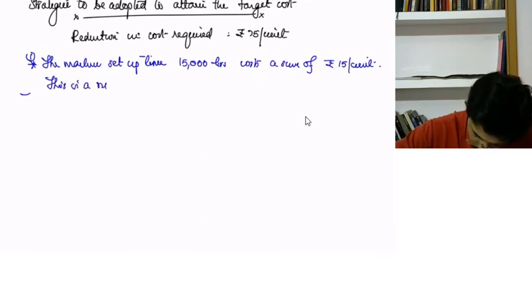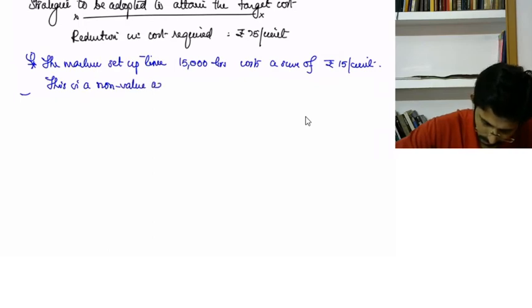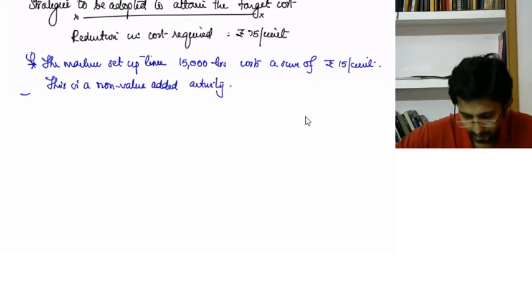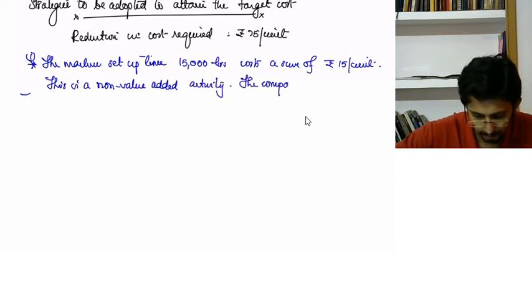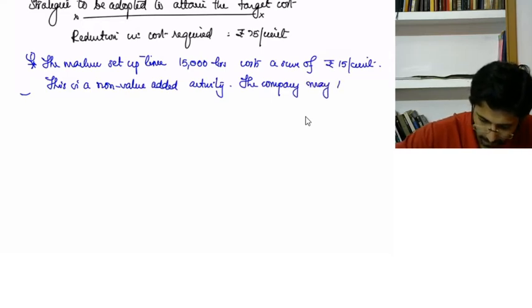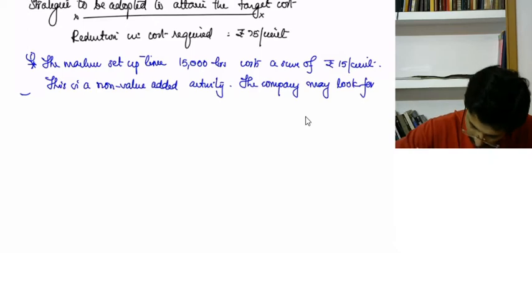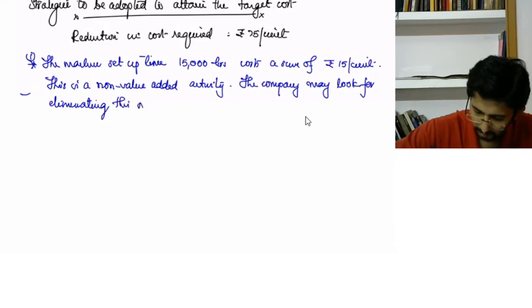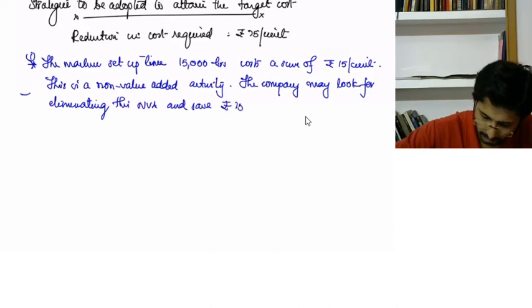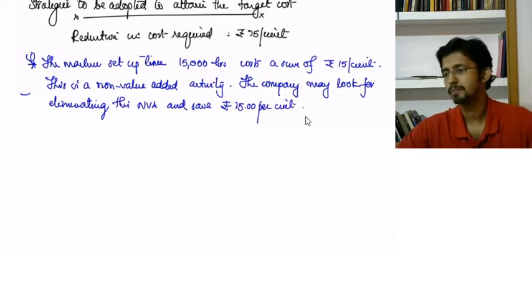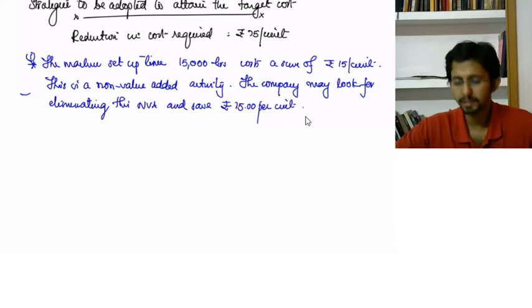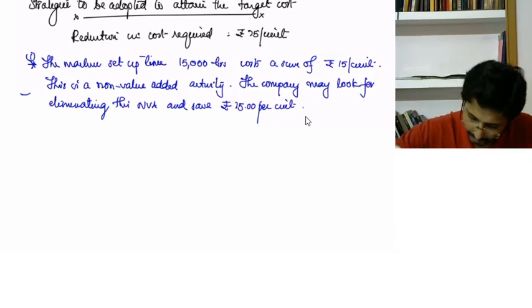The company may look for eliminating this NVA and save rupees 15 per unit.